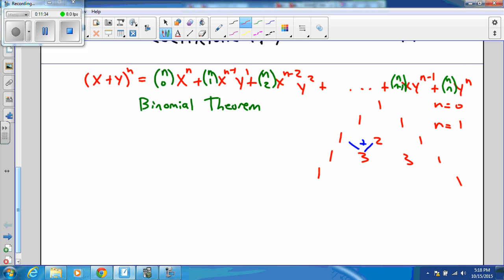And if I want to generate the next row, then I can start at 1 on the outside here, and I can just go through and add. 1 plus 3 is 4, 3 plus 3 is 6, and 3 plus 1 is 4, and 1 on the outside. So this gives me at least a method for computing n choose r for small values of n and r.